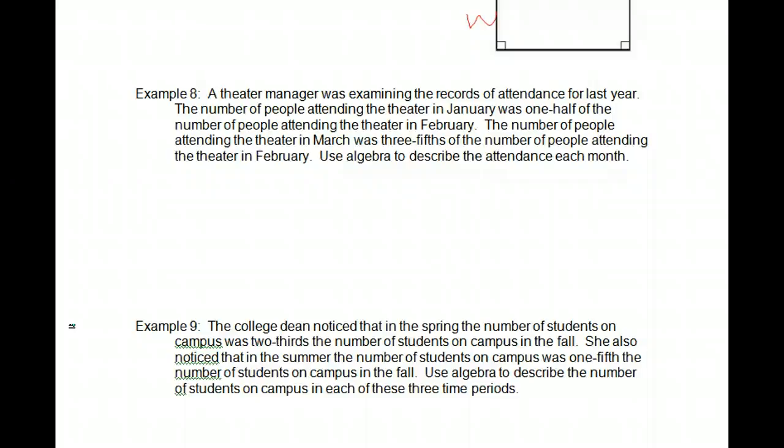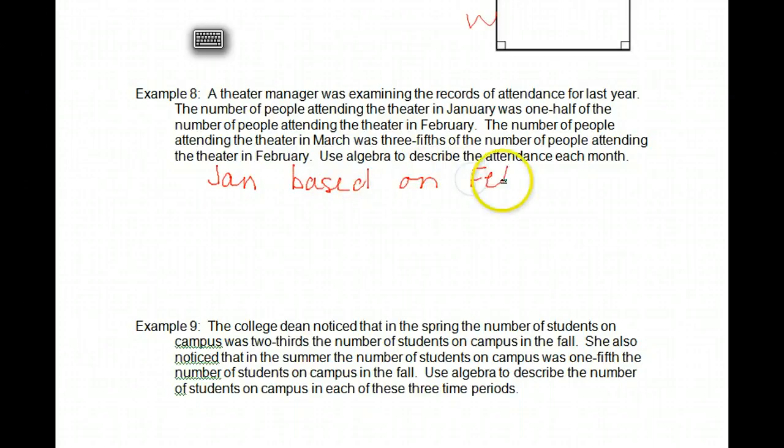Okay, by now everyone should have had an opportunity to complete example 8. It says that a theater manager was examining the records of attendance for last year. The number of people attending the theater in January was 1/2 of the number of people attending the theater in February. So that sentence told us that January was based off of February.